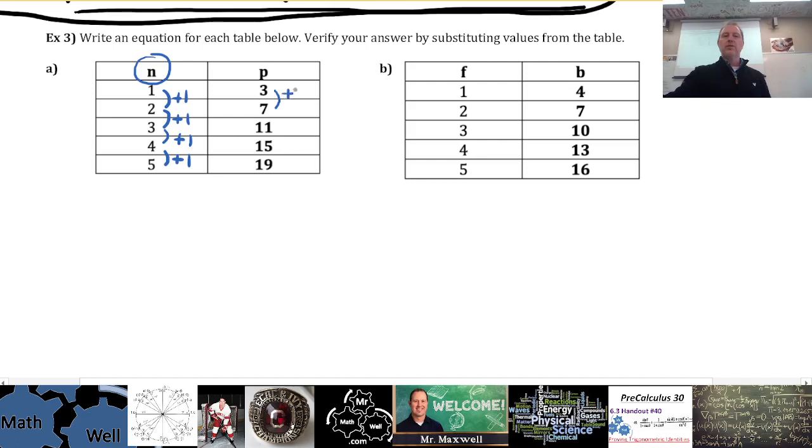And 3 plus 4 would be 7. And then we do plus 4 here. And as long as these numbers here are separated by the same number, we know we have a straight line. So if all these numbers are the same and then all these numbers are the same, we have a straight line relation, okay? And the big part of the linear equation is the slope of the line.